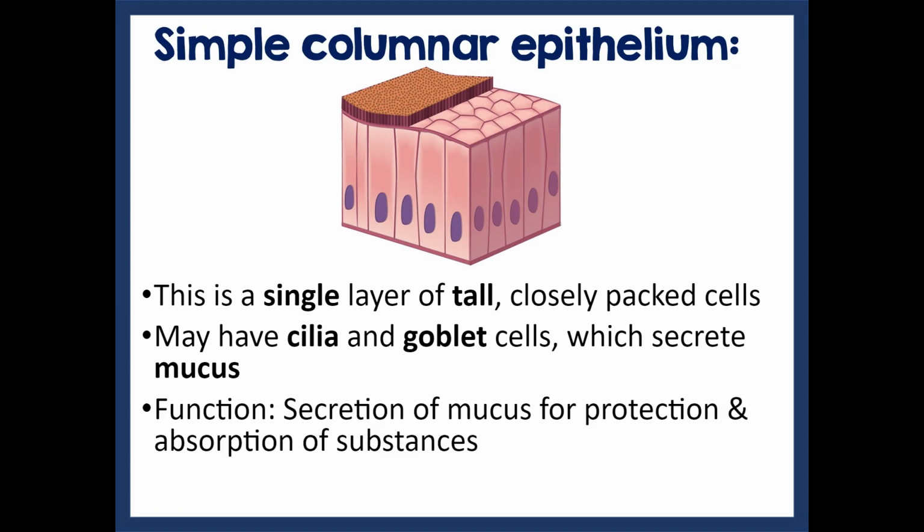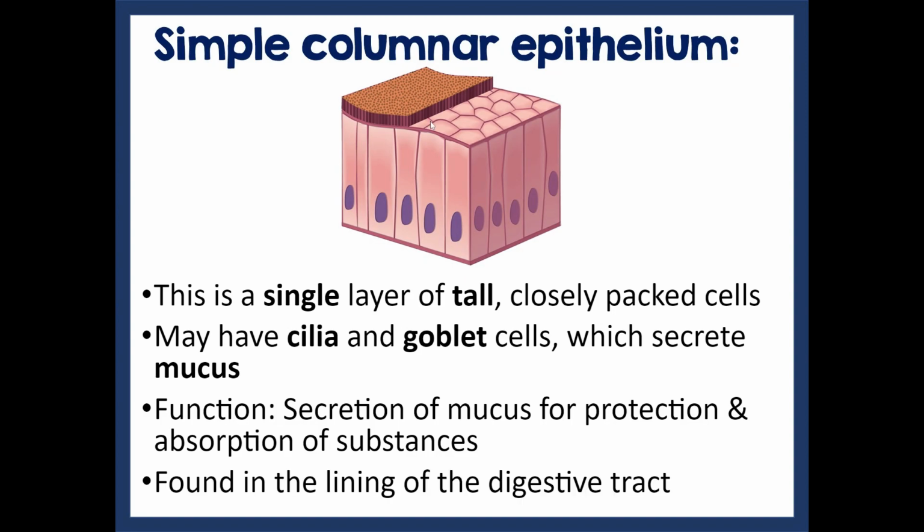And when these cells secrete mucus, that mucus actually helps protect the cells. So if something rubs up against these cells, the mucus provides that kind of protective layer for them. And these cells are also aiding in the absorption of substances as well.